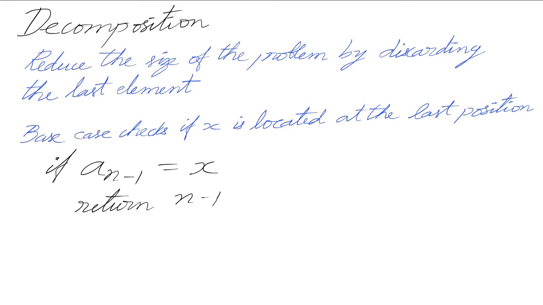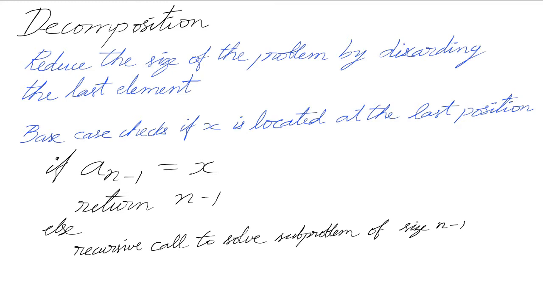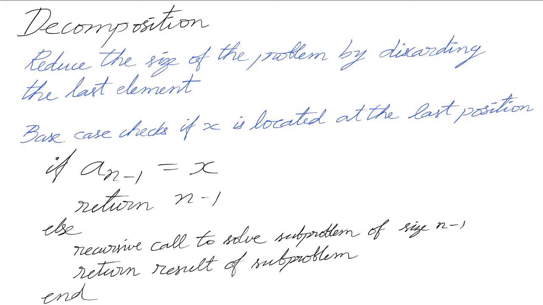If so, we return the index of that particular location. Otherwise, we make a recursive call to solve a subproblem of size 1 less than the previous size, and we return the result of the subproblem. You may recognize this as a tail recursive algorithm.